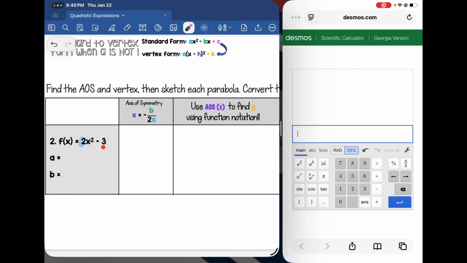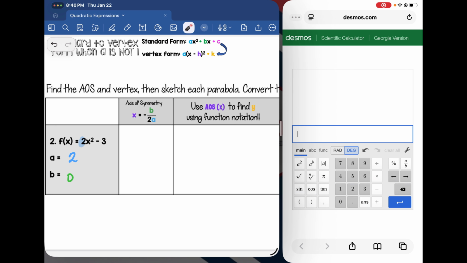I don't have any. There is no X term down here, so I do not have one. So that means that my A value would be 2 and my B value would be 0, because there is no linear term in here. This -3 represents my constant, and I don't need that constant value to find my axis of symmetry.